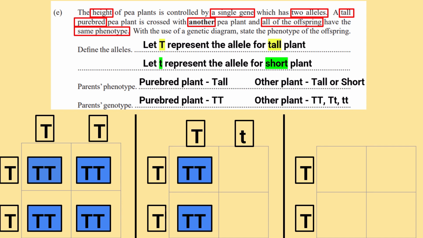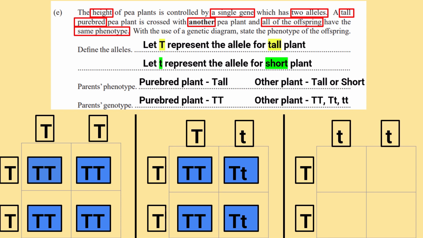In this cross, half of the offspring produced will be homozygous with the genotype big T, big T, and the other half will be heterozygous with the genotype big T, small t. All of the offspring produced will be tall plants.